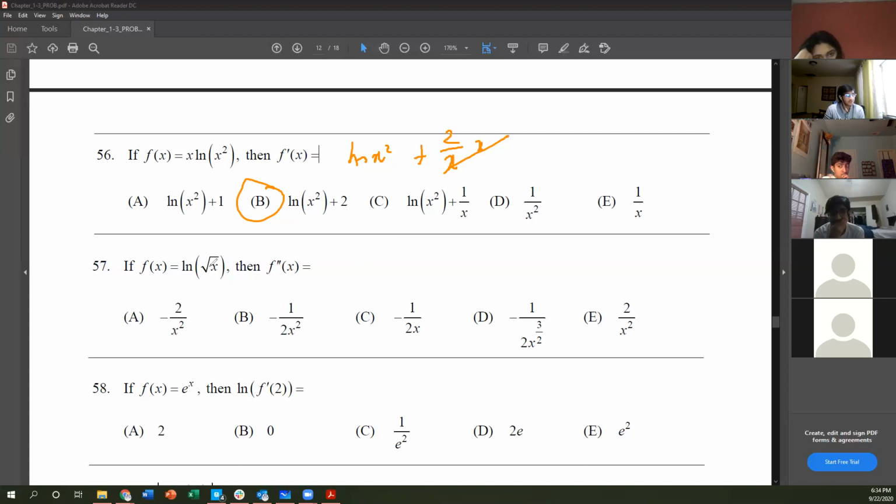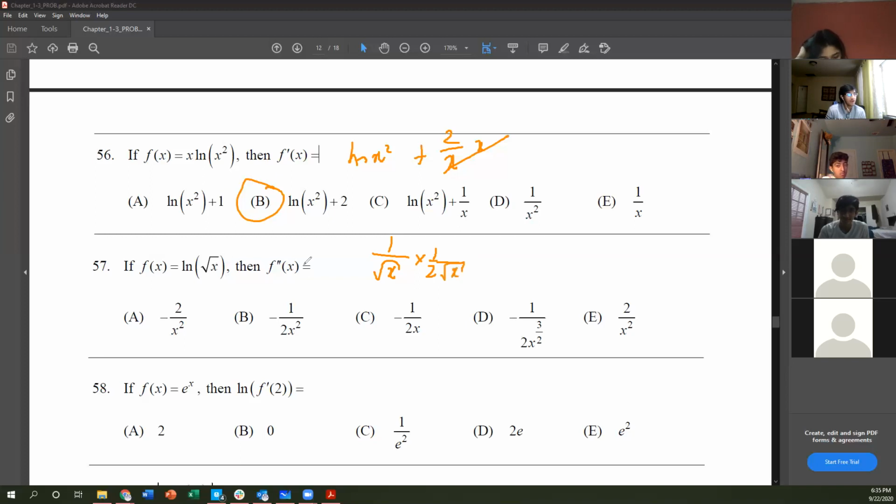So what's the derivative of ln of something inside? 1 over that something, right? The derivative of the natural log of something is 1 over that something. But then using chain rule, what do you get for the next part? Then you would do 1/2 x to the negative 1/2.